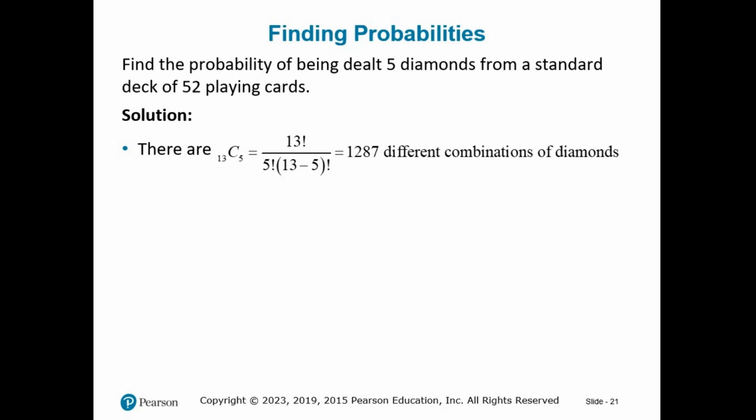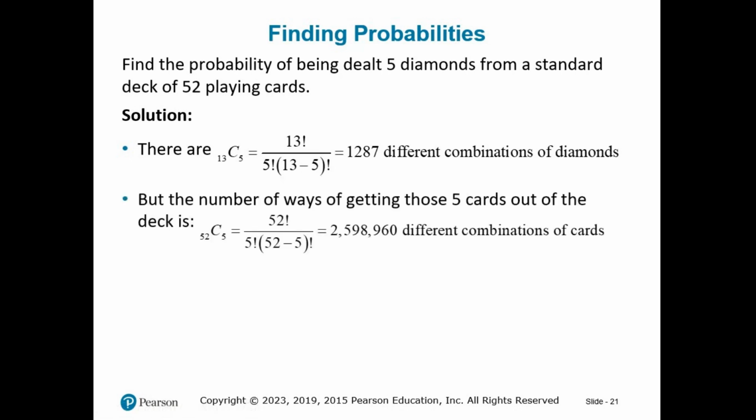So that's just one part. Now we have to figure out the number of ways we can get those 5 cards out of the full deck of 52. So we do 52 choose 5, or 52 factorial over 5 factorial times 52 minus 5 factorial. And we get a very big number. We get 2,598,960 different combinations for those cards.